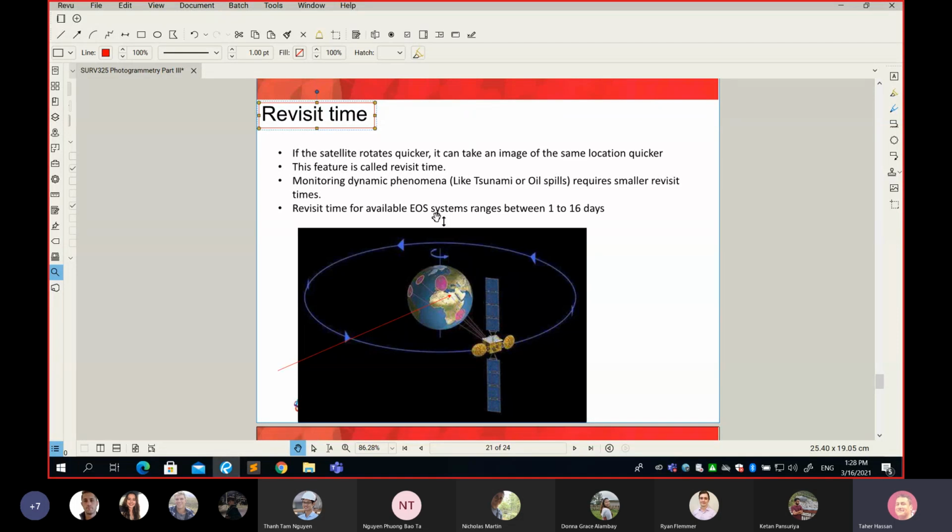As I said, if you work for the city of Calgary and they ask you to pick one satellite system to monitor the expansion of Calgary over the next 20 years, would you care about the revisit time at all? Yes.